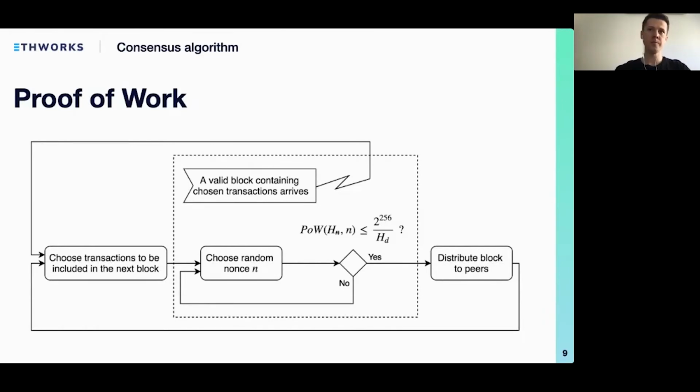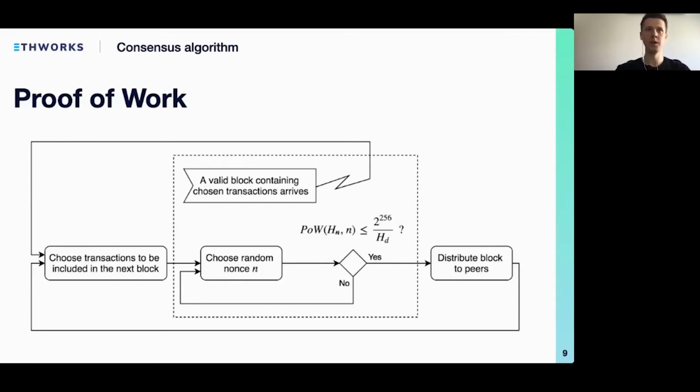Well, this makes it less probable that two miners will arrive at a new block at the same time, because it's time consuming and you need to burn a lot of computing power and energy and money as a result. And as I said, it's not very probable that two miners will arrive at the same solution at the same time.